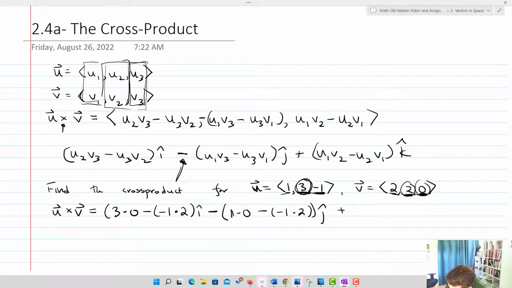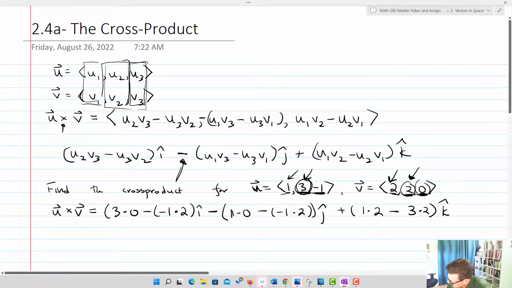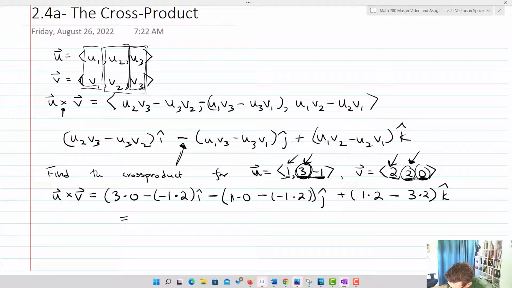Plus 1 times 2, so first times the second, minus 3 times 2, and that'll be my k. So this ends up equaling 2i minus 2j plus, 2 minus 6, or minus 4k. And that is the cross product of u cross v.